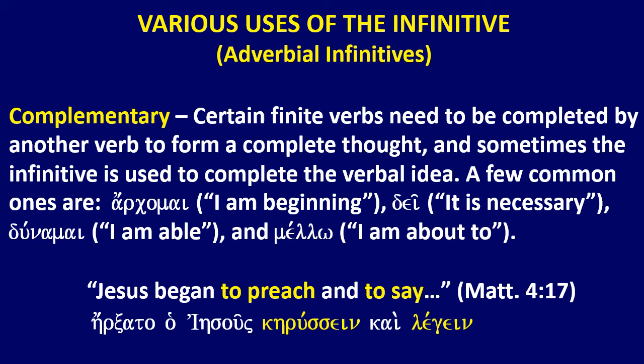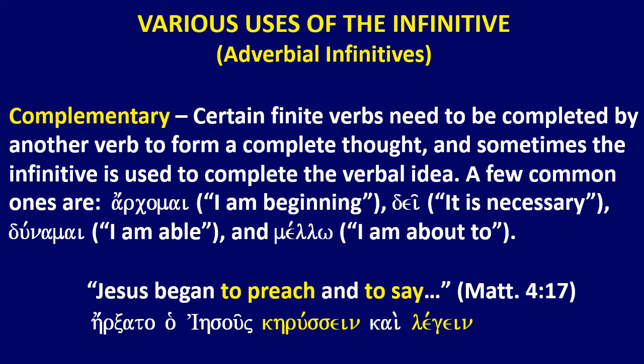Here we have the simple infinitive translation, just "to" along with the infinitive in both "to preach" and "to say." So nothing complicated in terms of how to translate this particular verse, but you've got two infinitives here, and they are complementing ērxato, which is the aorist indicative form of archō, "began," as it's translated here.